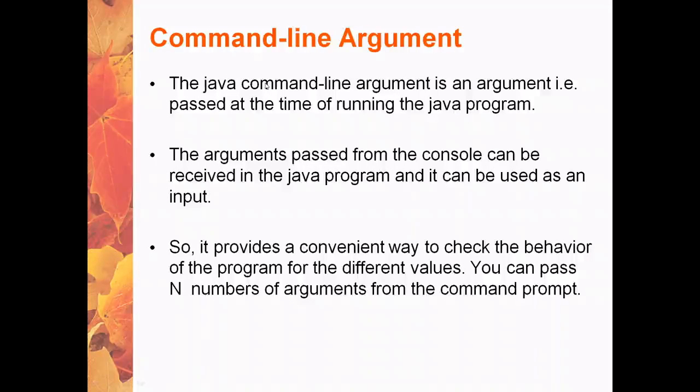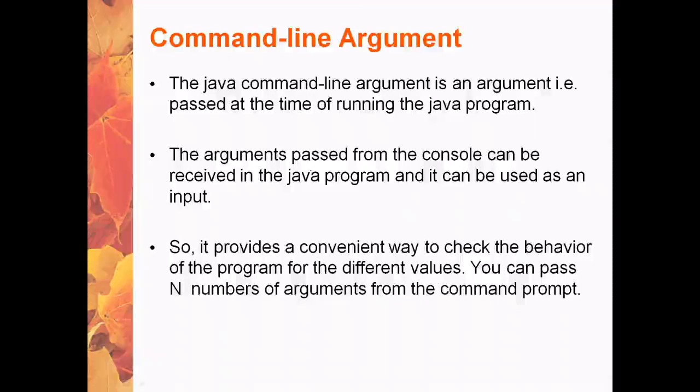The Java command line argument is an argument that is passed at the time of running the Java program. So command line arguments simply are the arguments which are passed at the time of program execution.